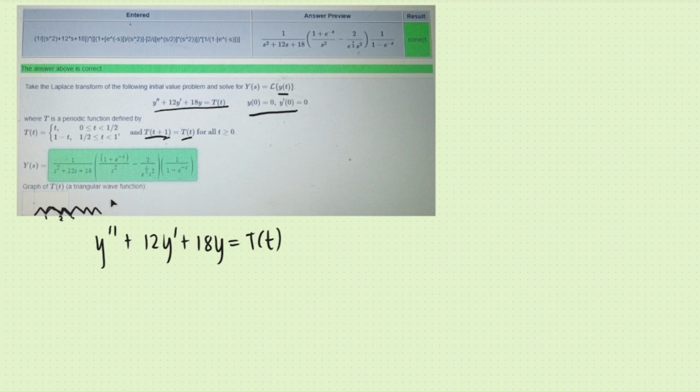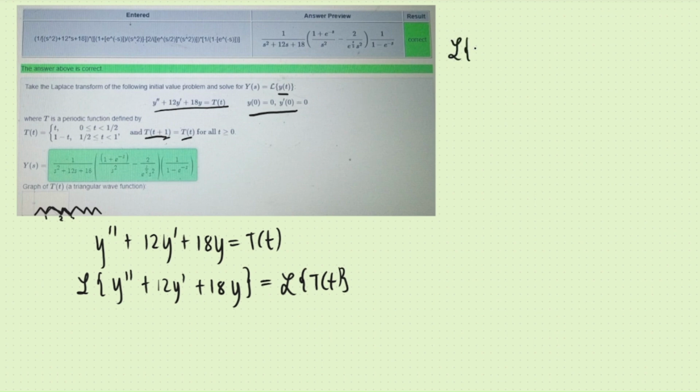So the first thing we're going to do is take the Laplace transform of both sides of the equation using linearity. So Laplace of y'' + 12y' + 18y is equal to Laplace of T(t). We have an individual formula for each. Take note of that.